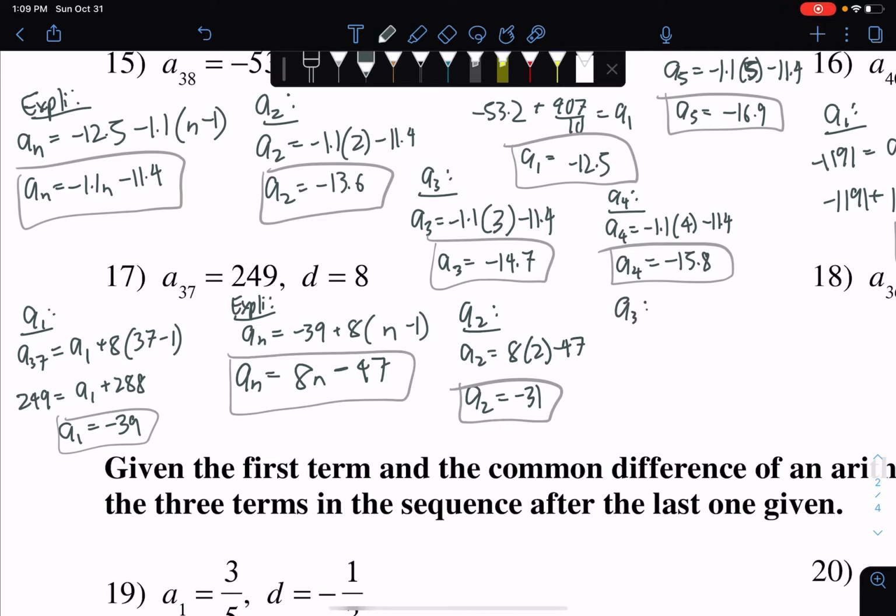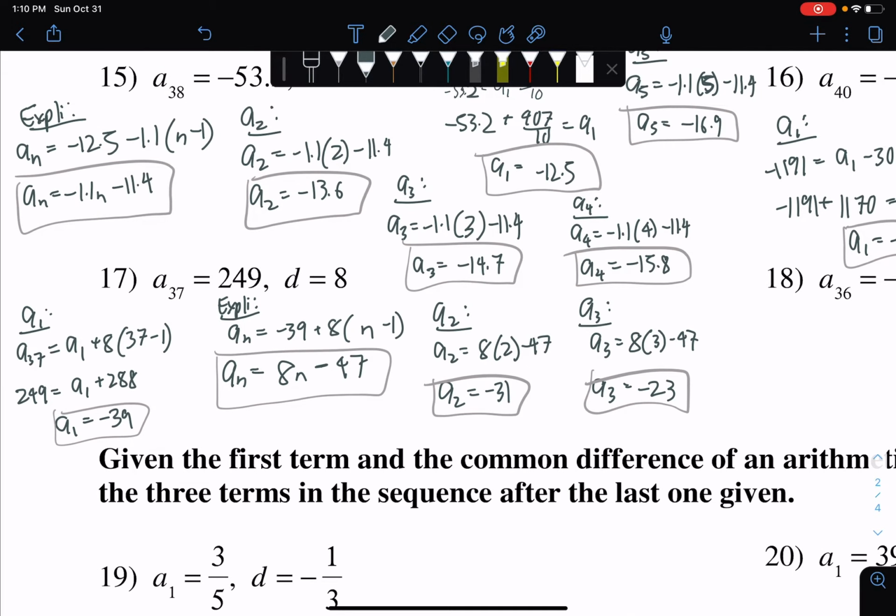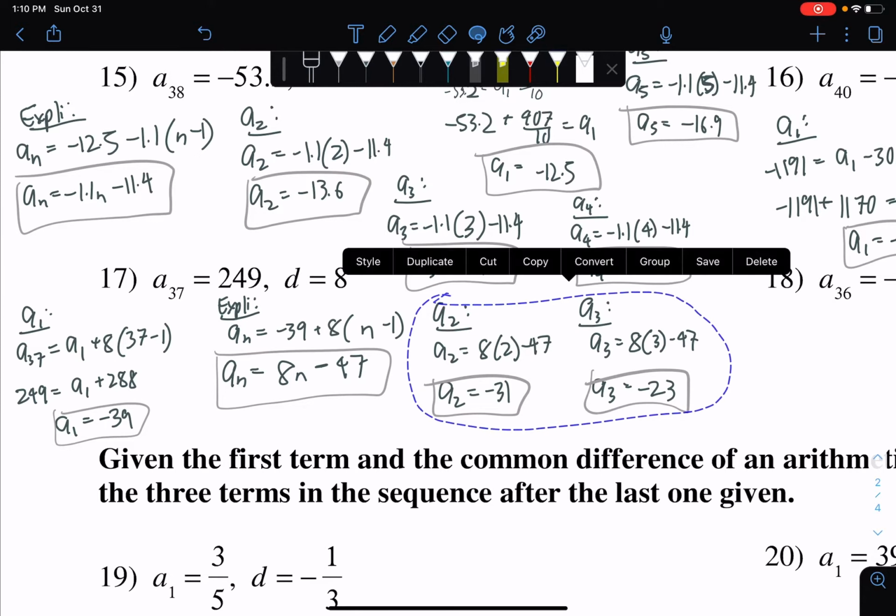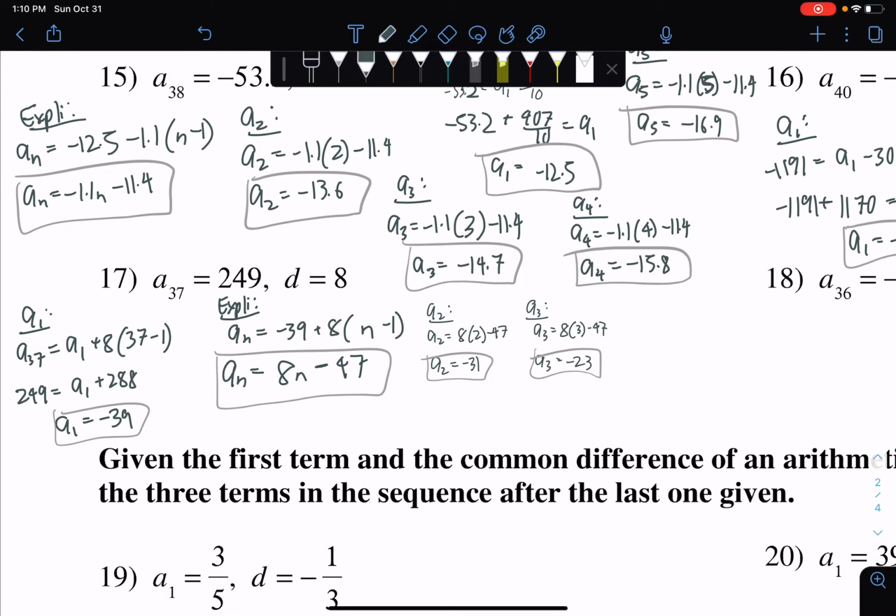A sub 3. A sub 3 is equal to 8 times 3 minus 47. 8 times 3 is 24. A sub 3 is equal to negative 23. Let's make our solutions smaller again. Okay.